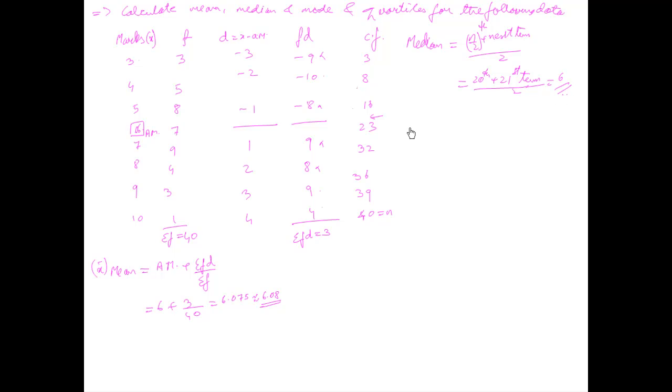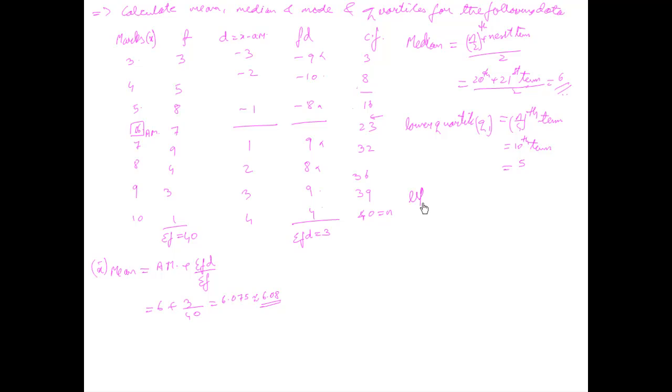That's your median. Now, children, for the lower quartile, Q1 is given by the n upon 4th term, since n is even. N upon 4 would mean, children, 40 upon 4, the 10th term. The 10th term comes here, so it'll go all the way over here to give us the lower quartile as the 10th term, which in this particular example is 5.